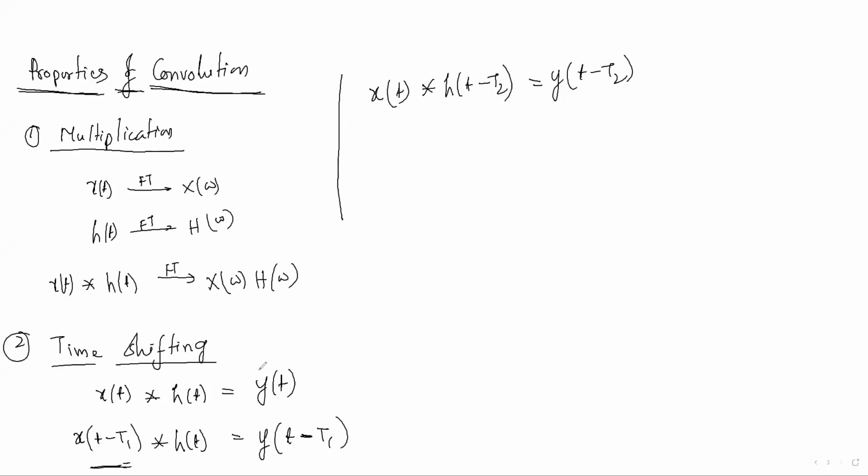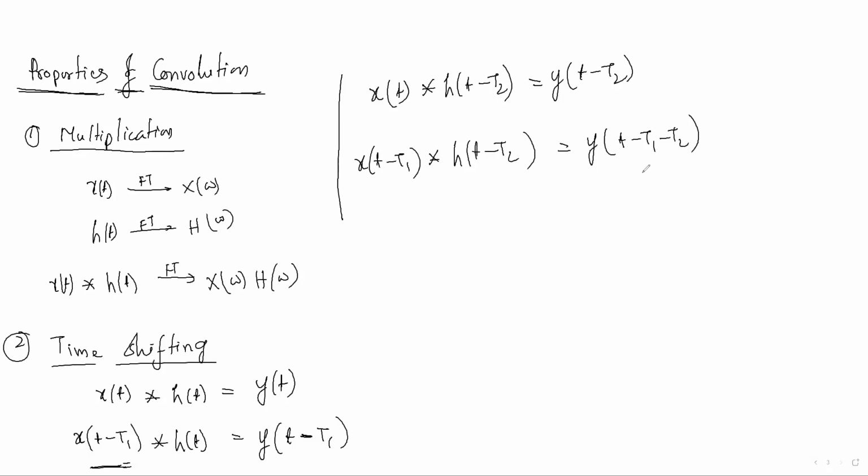Very interesting. Another thing, somebody already asked: if we shift both the signals, suppose we shift x(t) by t1 and convolve with h(t) shifted by t2, then our y(t) will also shift by both, minus t1 minus t2.